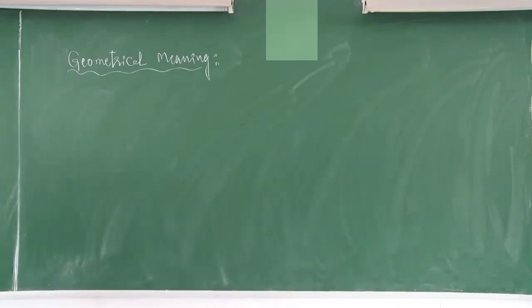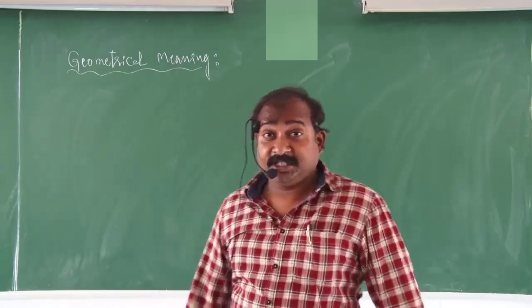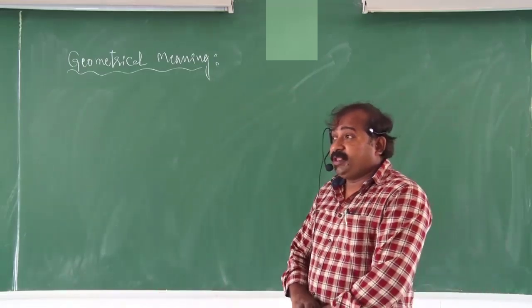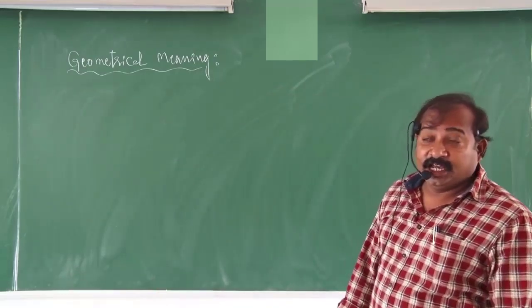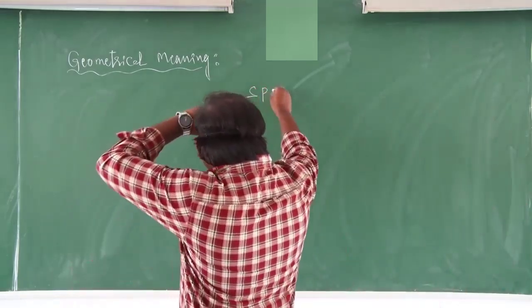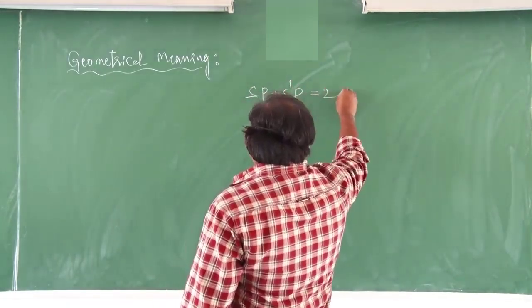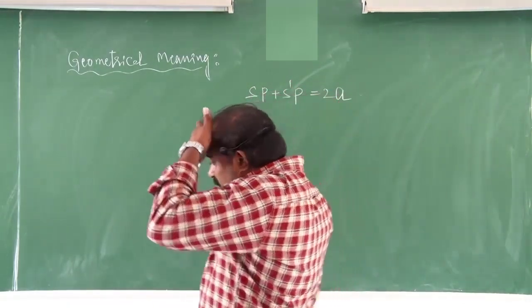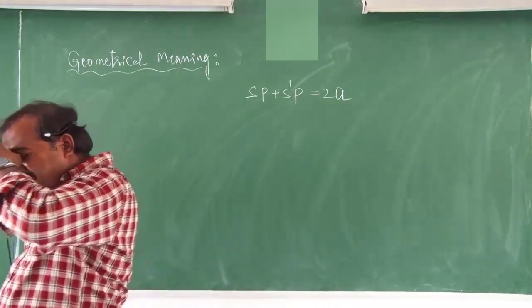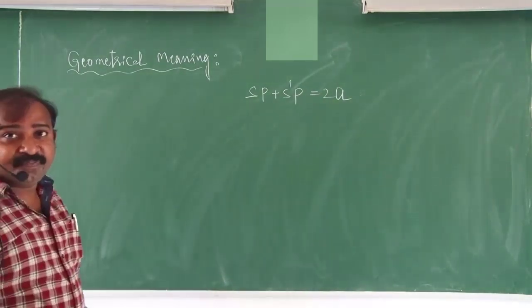Next, already ellipse we completed. In the ellipse, SP plus S dash P is equal to 2A. One point is given. SP plus S dash P is equal to 2A.